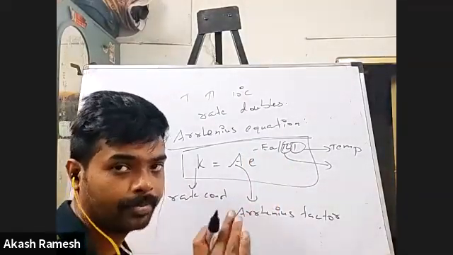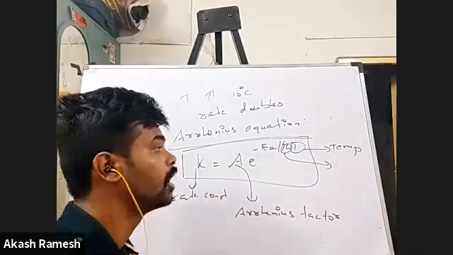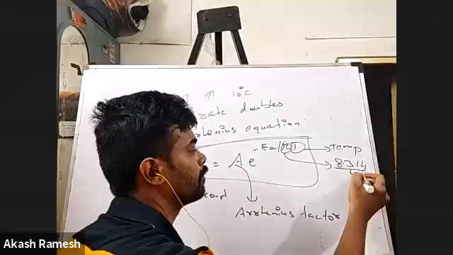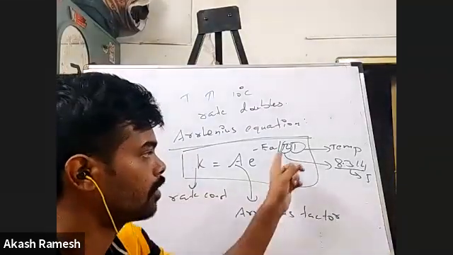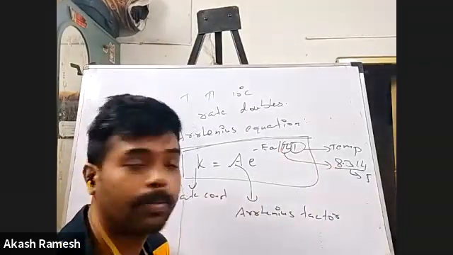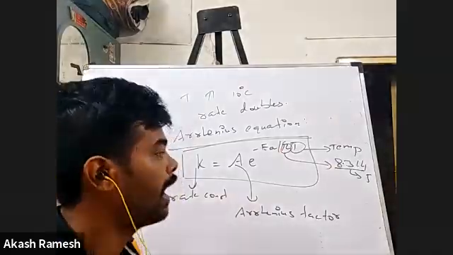Since you're using energy values in terms of joules, you have to use the R value as 8.314 if you want the answer in terms of joules. The universal gas constant R value is 8.314 in joules.